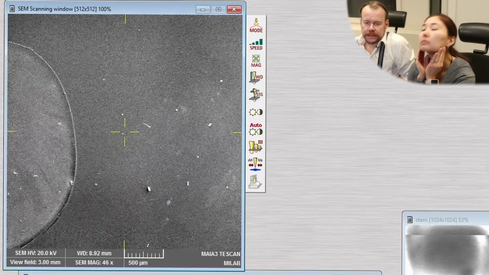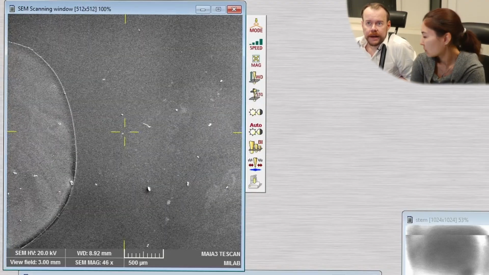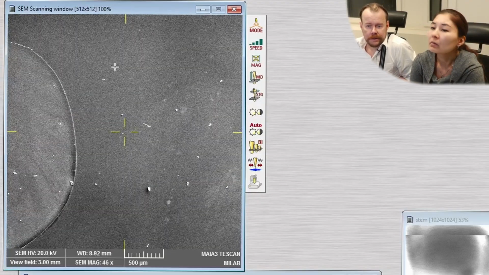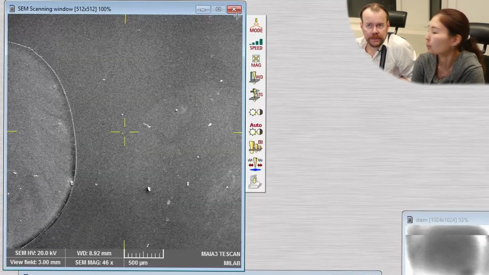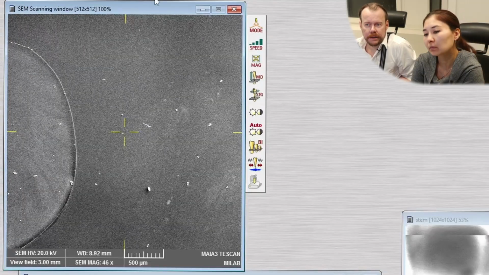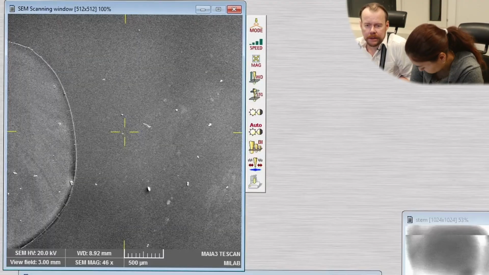We remove the backscatter detector and we go to SC now, and we are in analysis mode. Sometimes you want to do a line scan over a large distance like this, several millimeters. It can be, like in metallurgical things, a weld or something like that you want to scan. And if you just do that straight on here.